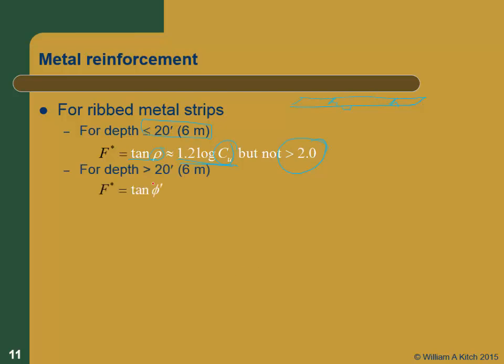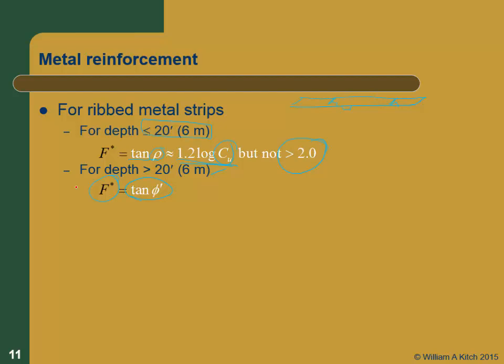Now, when you get to deeper depths, your coefficient of interface friction angle is going to turn into the friction angle of the soil. And why would it turn into the friction angle of the soil? Well, if you go to deeper depths and the soil wants to shear, if that interface friction angle gets really big, it's just going to shear in the soil around it. So at depths greater than 6 meters, your apparent friction is just going to be the internal angle of friction of the soil.